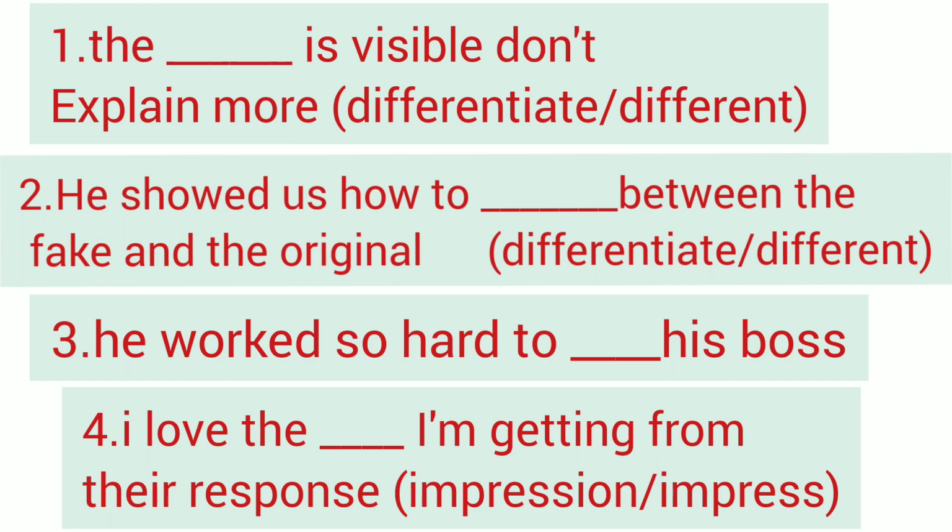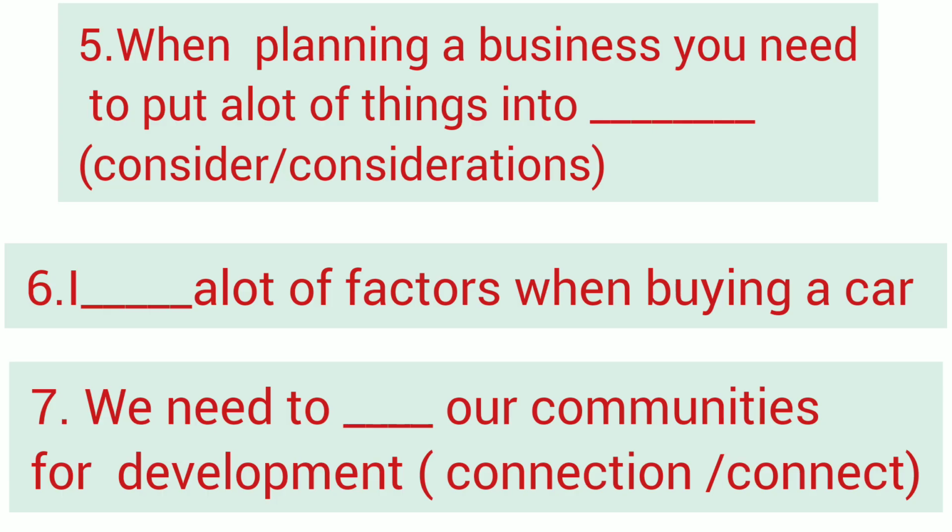Let's see the next one. Now number 5, when planning a business, you need to put a lot of things into dash. And number 6, I dash a lot of factors when buying a car. So number 5, I will choose consideration, and number 6, I will choose consider.